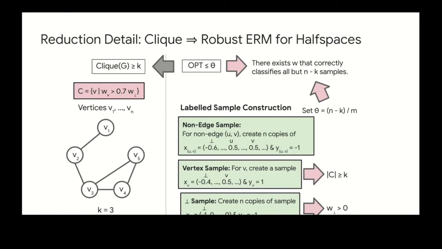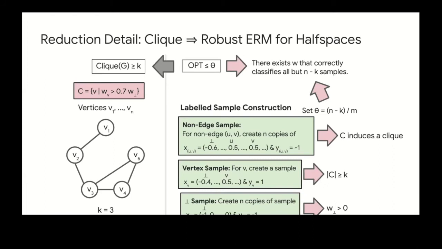And from the vertex samples, since we are misclassifying at most n minus k samples, we have to correctly classify vertex samples for at least k vertices. But whenever we correctly classify the vertex sample, it means that the vertex has to be in this set C. So the set C has size at least k.